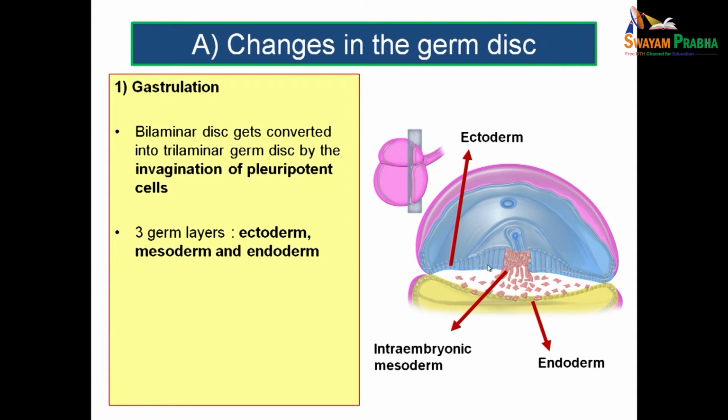You have the epiblast here, you have the hypoblast here, and in between you have the mesoderm formed from the epiblast. So, ultimately you have three germ layers: the epiblast, which is known as the ectoderm in future, the hypoblast, which is known as the endoderm, and the intraembryonic mesoderm. Once this is established, an axial orientation of the embryo is established.